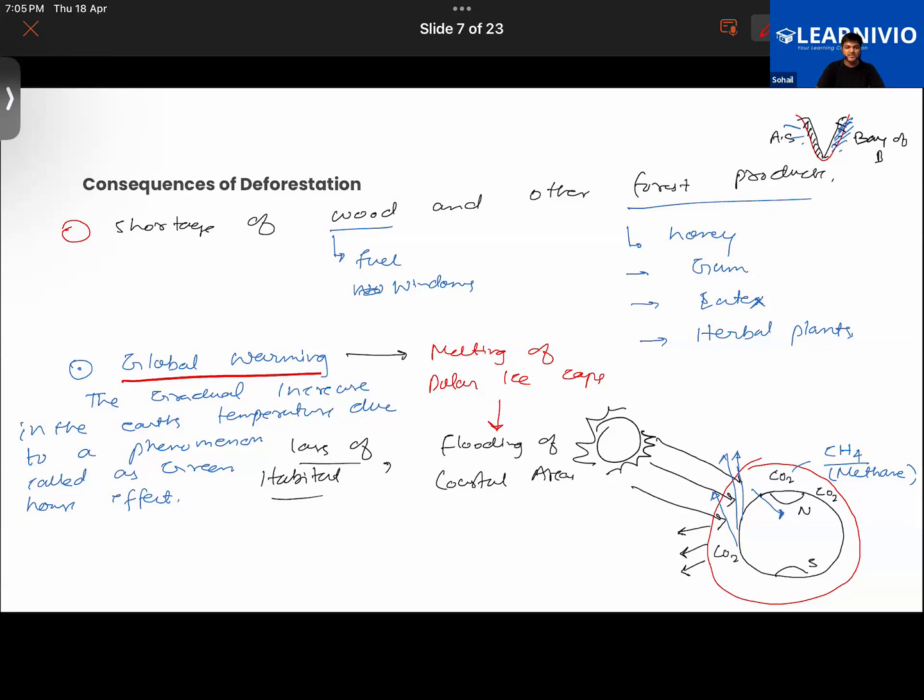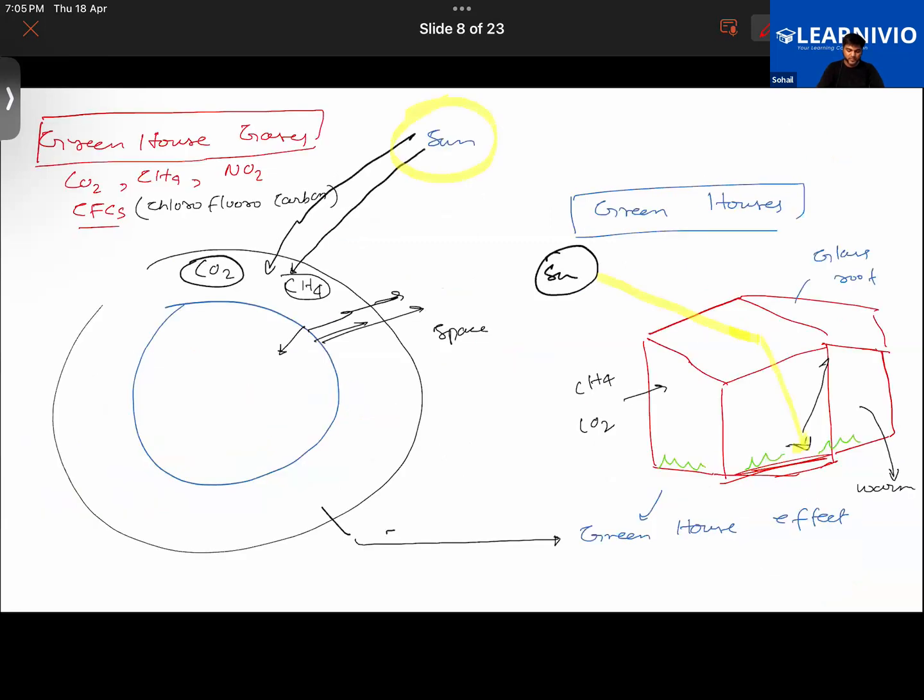You guys done writing this or not? Please write it quickly. Khadija, you done? Yes. Okay. Write the examples of greenhouse gases: CO2, CH4, NO2, and CFCs, that is chlorofluorocarbon.